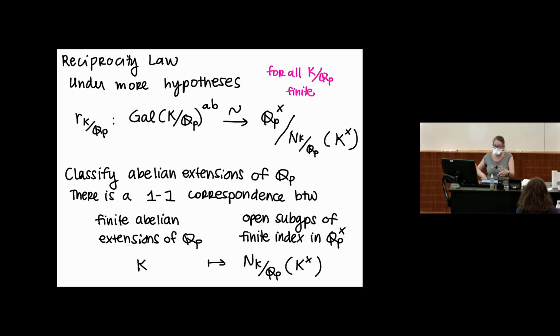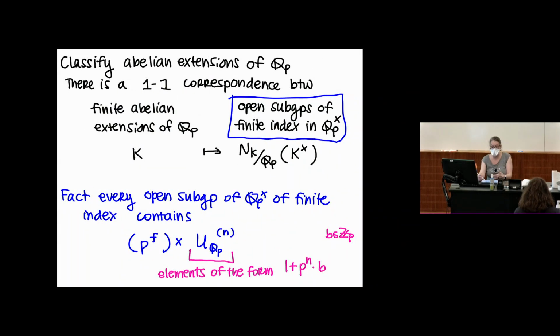And then using that, you get that the finite abelian extensions correspond to the open subgroups of finite index. And then you kind of go to town understanding these open subgroups of finite index. And it turns out that they all contain the norm group of cyclotomic fields.